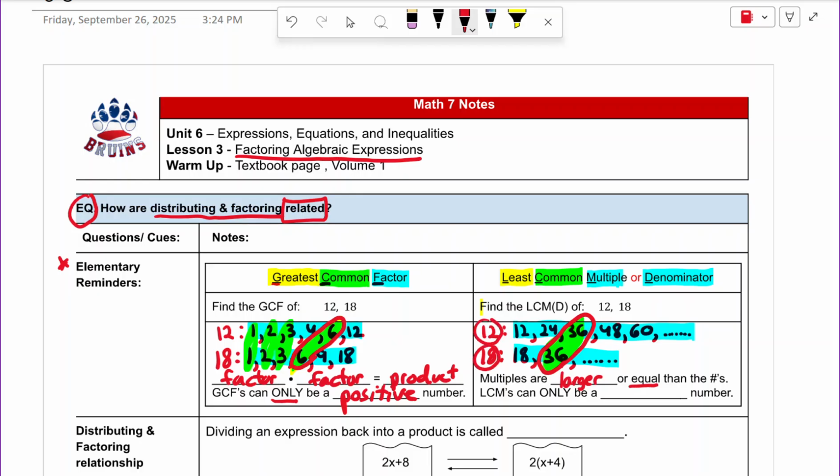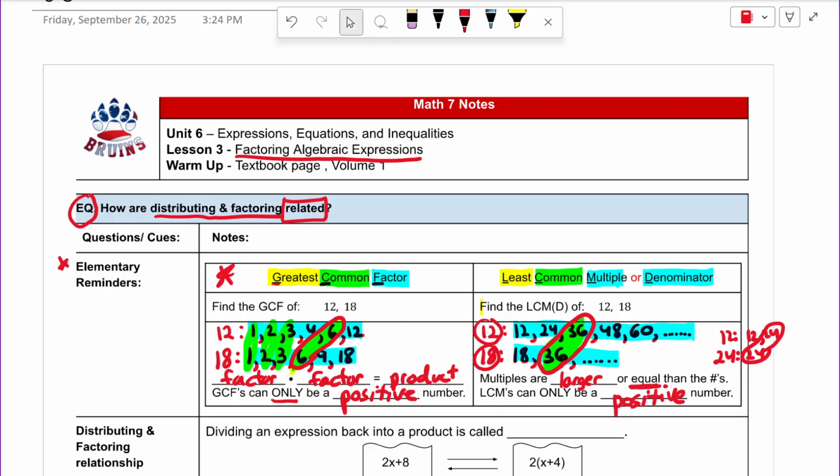Well, if you were talking about 12 and say 24, you can count by 12s, 12, 24, count by 24s, and you can see that that 24 is equal to the 24. That's why we have equal there as well. Now, LCMs can only be a positive number. So those are the same as the GCFs. So we're going to be working with these today, the greatest common factors.